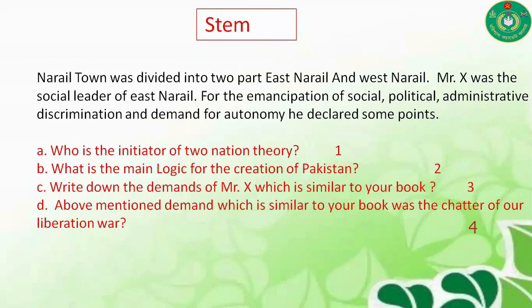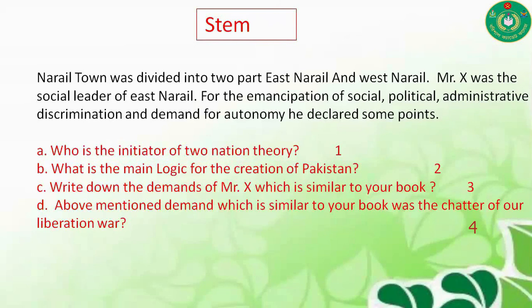Now, the questionnaire is here. Here is a stem, you can see on the screen, and you see the questions A, B, C, D. A is a knowledge type question.